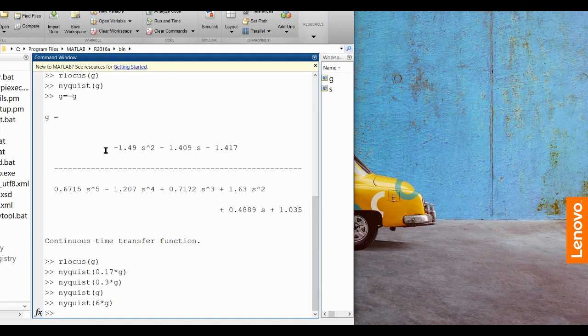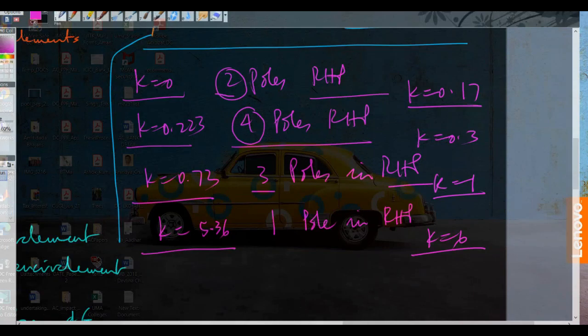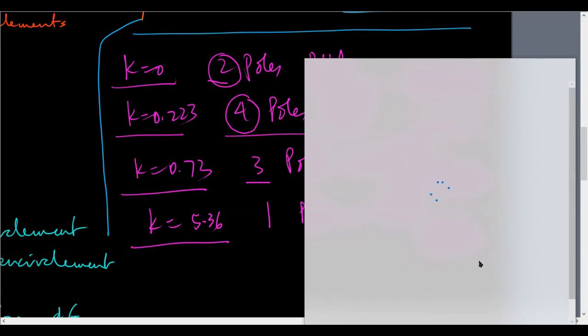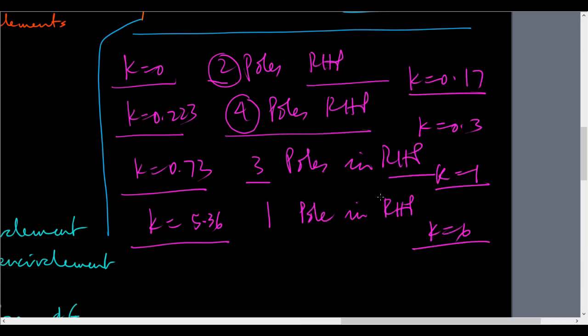What is G for large S? For large S, G is some negative number times S squared by S to the power 5. What the negative number is does not matter.